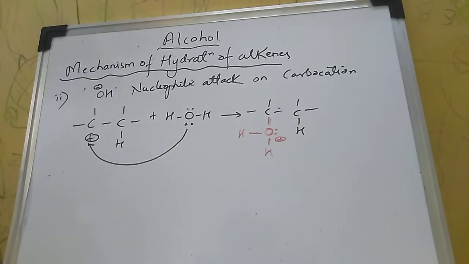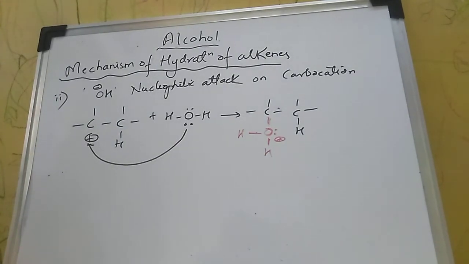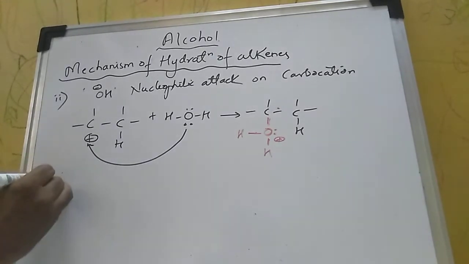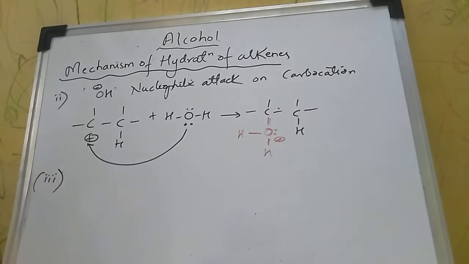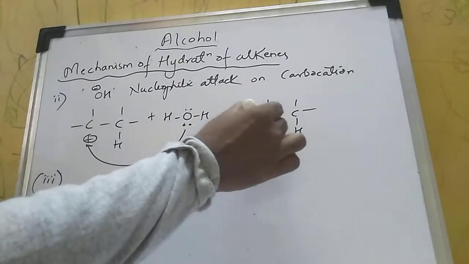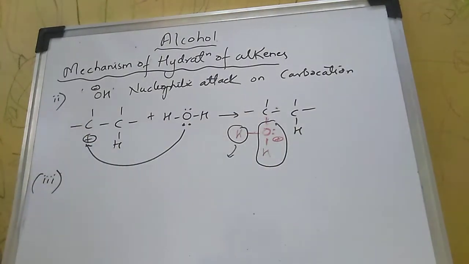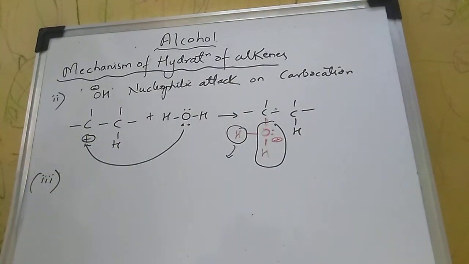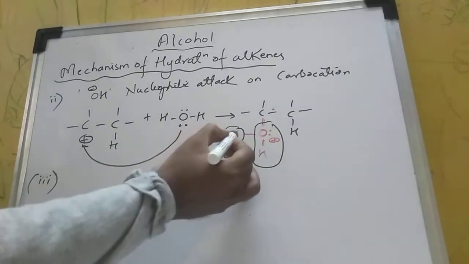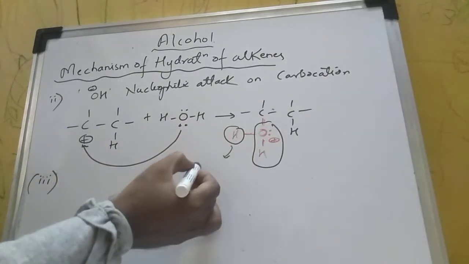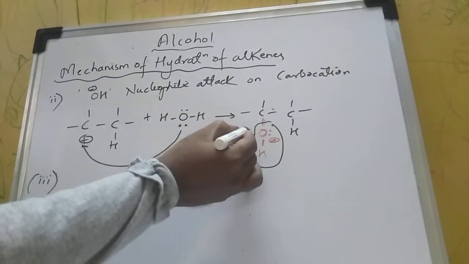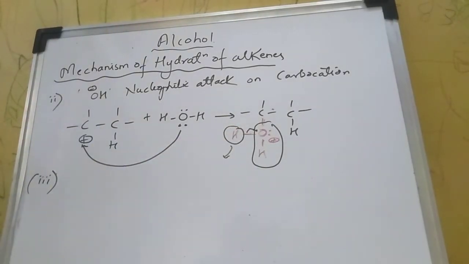Now the third step, where finally the product is formed. Now from here the OH will remain attached over here and this H has to leave its place. Means this H will go out in the form of H plus, and the bond will convert into an electron pair.